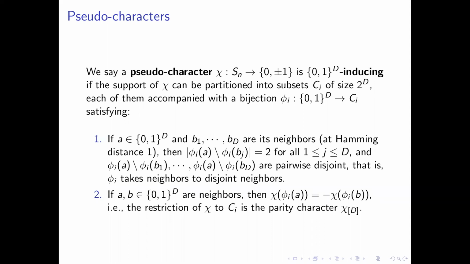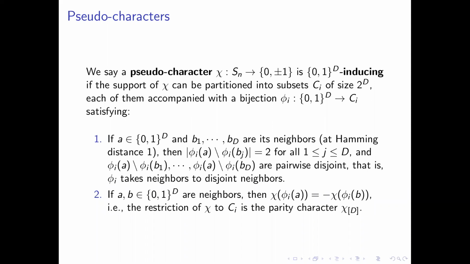So it's going to send neighbors to disjoint neighbors. And for 2, if A and B are neighbors, then when we apply the bijection phi sub i, this chi is going to behave like the parity character would.